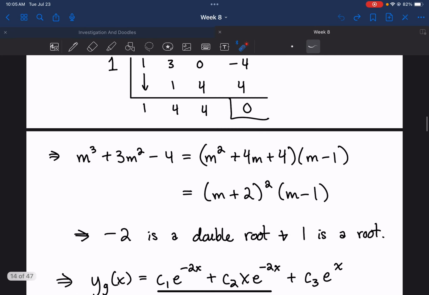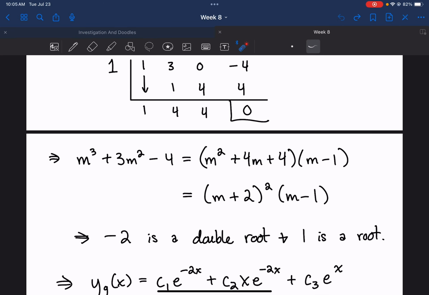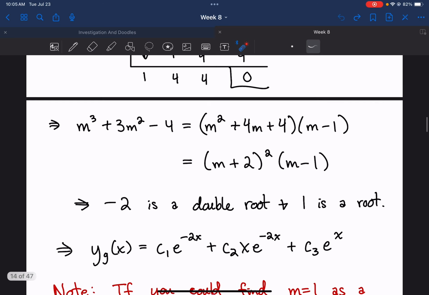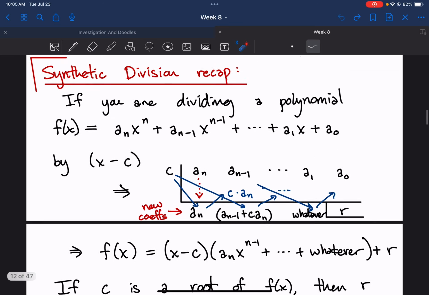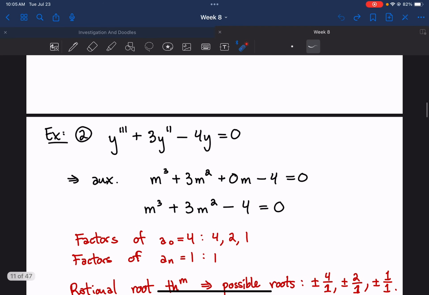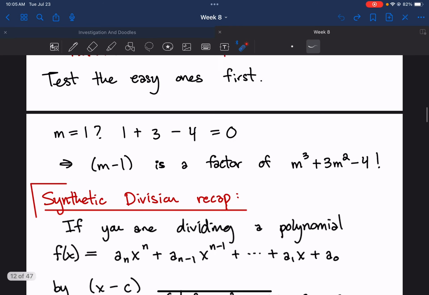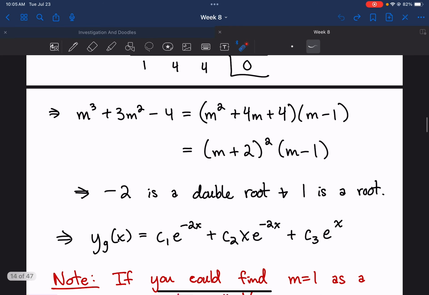And I can factor this, since it's quadratic, into m plus 2 squared times m minus 1. So now that we've factored our auxiliary polynomial, we've completely factored it into m plus 2 squared, m minus 1.